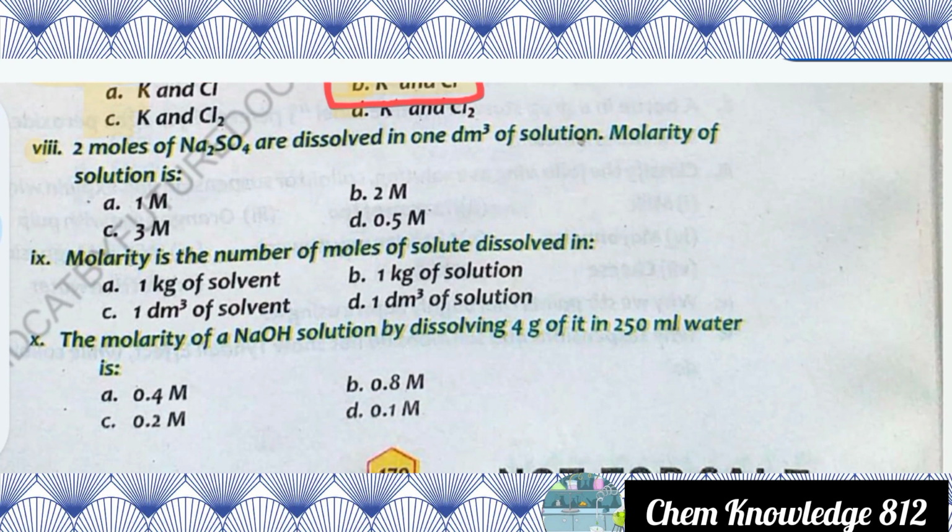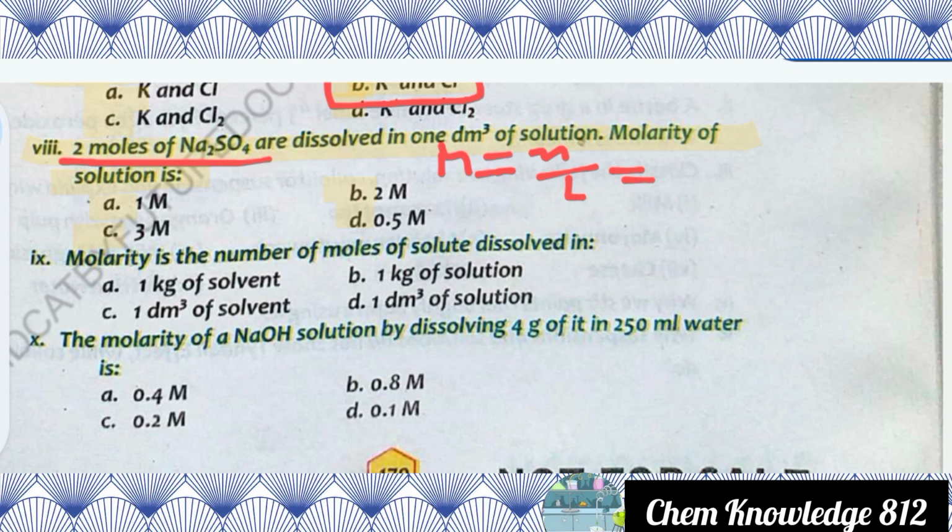Number 8. 2 moles of sodium sulfate are dissolved in 1 cubic decimeter of solution. The molarity of the solution is: A. 1 molar, B. 2 molar, C. 3 molar, D. 1.5 molar. We have 2 moles of sodium sulfate, and molarity is equal to moles per liter of solution.